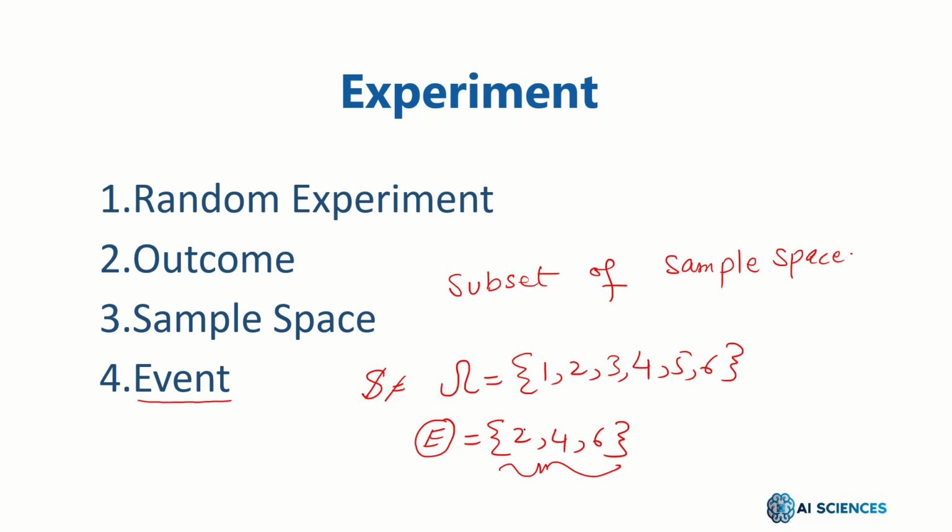So if you actually roll a die and a 2 appears, then we say E occurs. The event occurs even if a 4 appears. And if you repeat the experiment and a 6 appears, we say the event occurs. So occurrence of an event means any of its outcomes appears as a result of the random experiment.